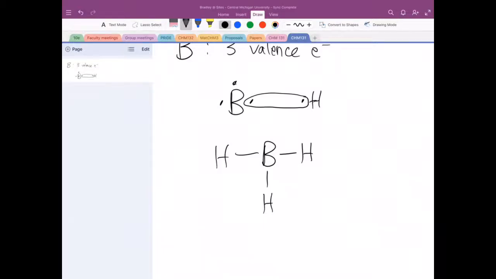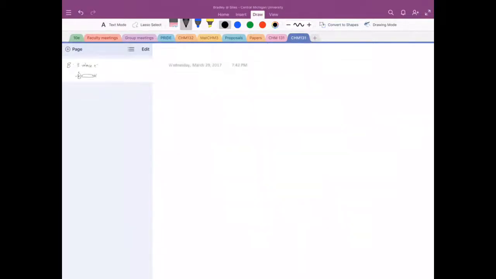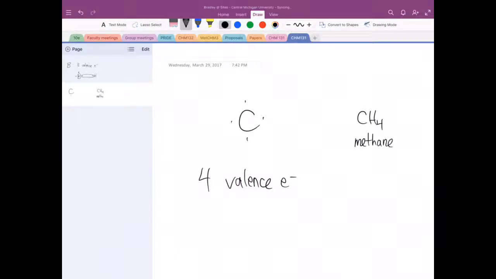Let me show you another group. So carbon, for instance, has 4 valence electrons. So we can draw that as 4 dots. And we know, for instance, that CH4, or methane, is a nice stable molecule, and we can indicate it.